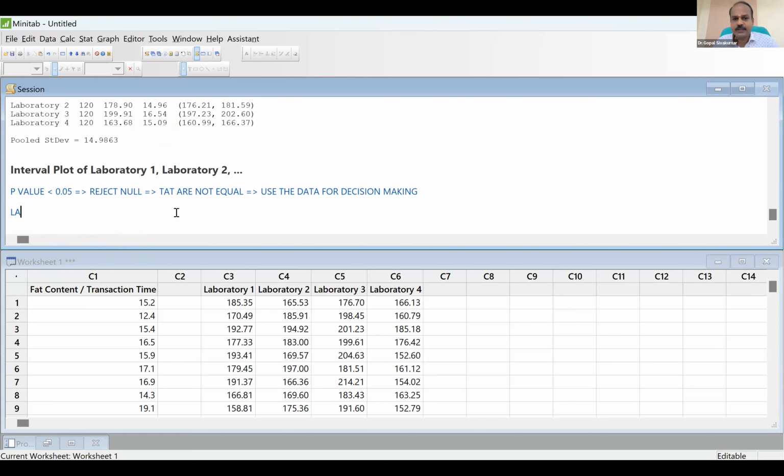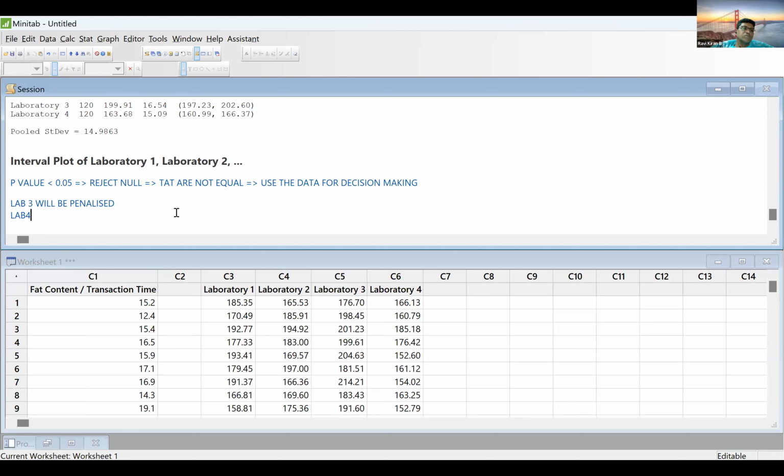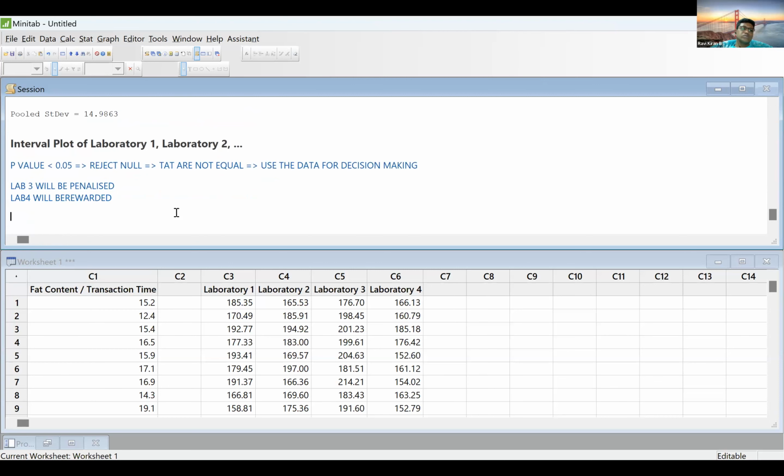That means lab number 3 will be penalized for consuming more time, and lab number 4 will be rewarded. Clear, all of you? Laboratory 4 is the lab that is consuming less time, and 3 is consuming more time. This is the practical conclusion.